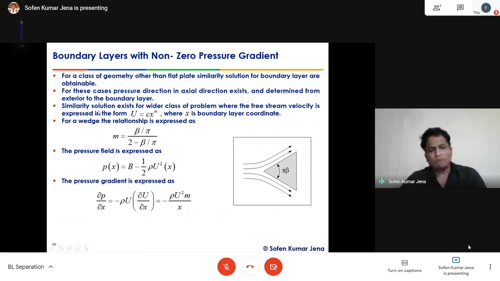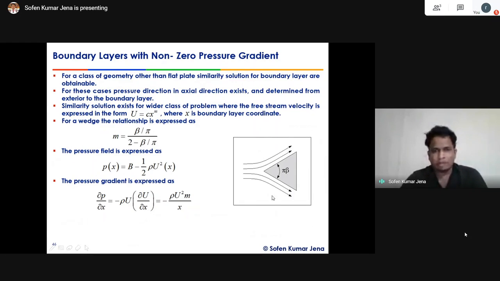So we can do the similarity solution here. What we did for the flow over the flat plate we can also adapt here, with a little bit of adjustment. What is that adjustment? For this kind of flow we can express the free stream velocity as a function of x, U equals c x to the power m, where x is the boundary layer coordinate.